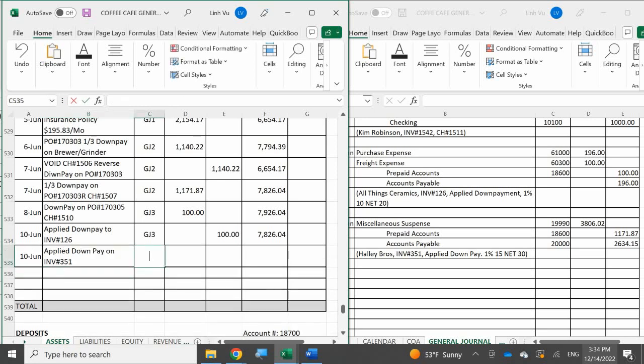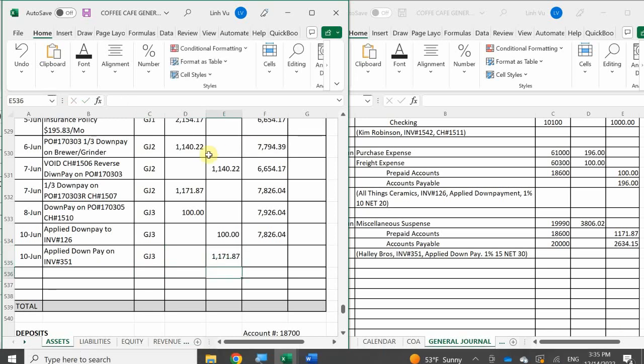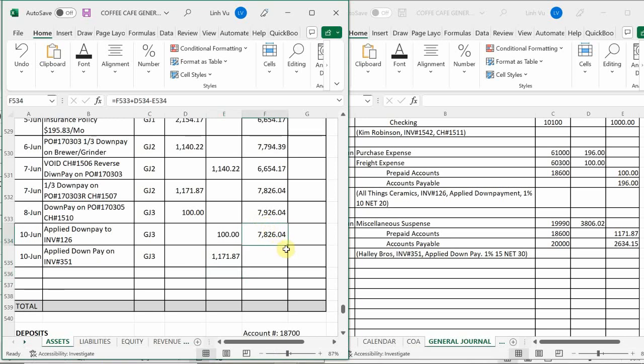Okay. General Journal page 3, and I'm going to credit for the 1171.87. And that should decrease your amount to get you to 6654.17. Okay, so we're taking that down payment and we're applying it. So now you're left with the original, right? You got your rent payment and your insurance payment in there. Okay.